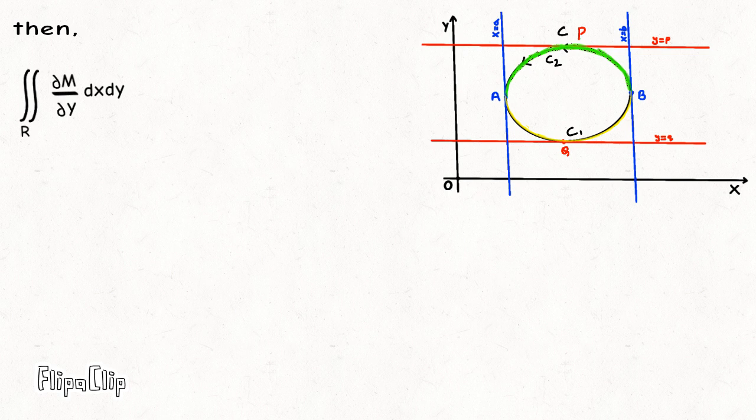Then the double integral over the region R of ∂M/∂y dx dy can be written as follows, since over the region R, x is varying from a to b and y is varying from C1 to C2.